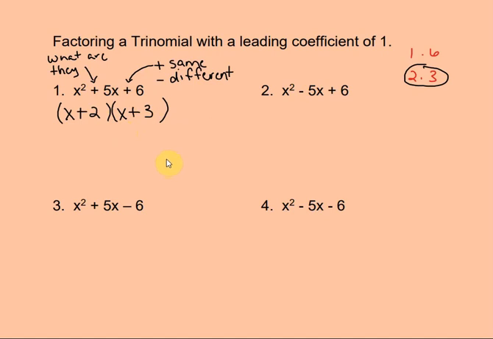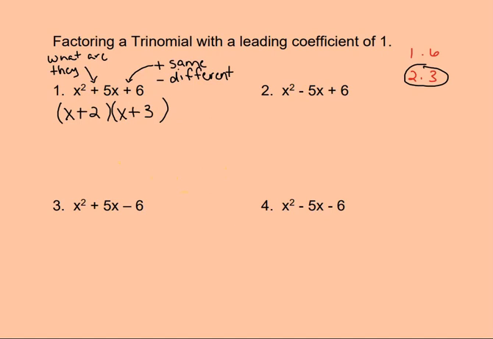Now, to check our answer, remember, anytime we factor, we can always multiply our result back together to see if we get what we started with. So as long as we get what we started with when we multiply our terms back together, then we know that we factored correctly.